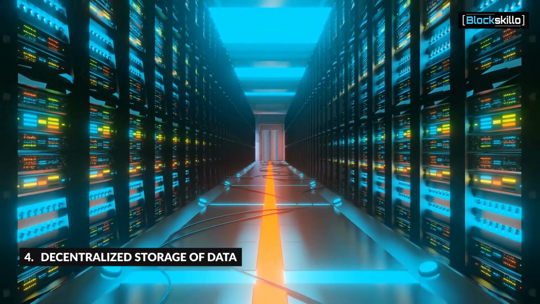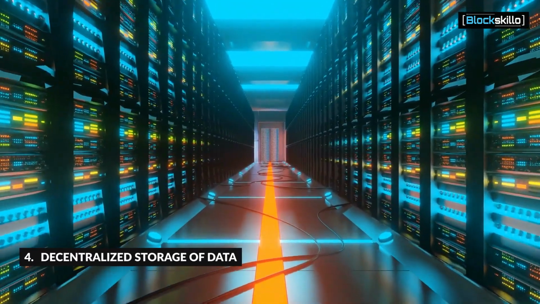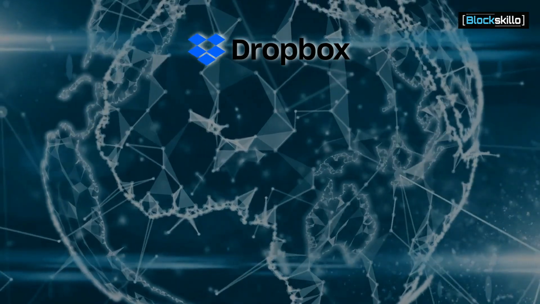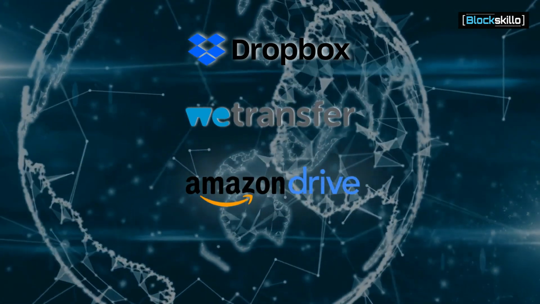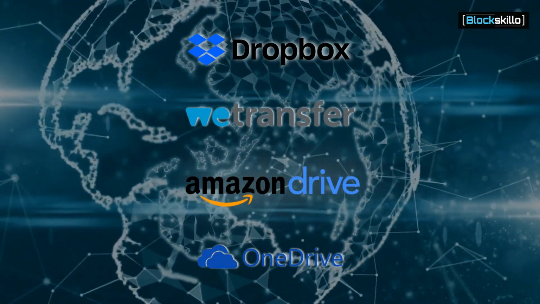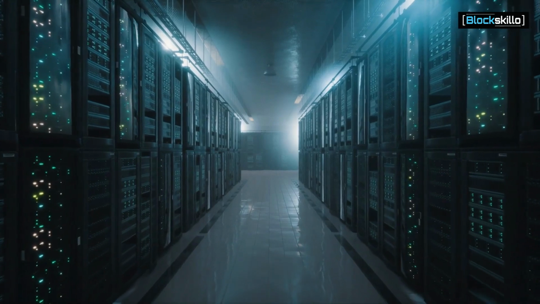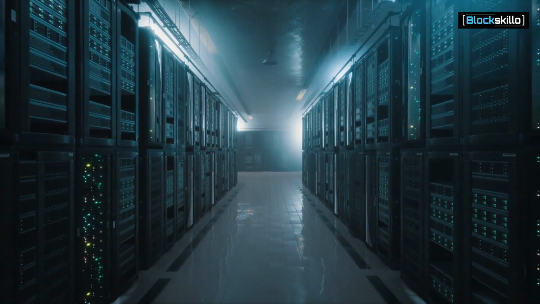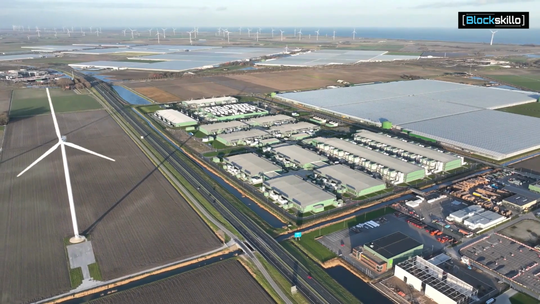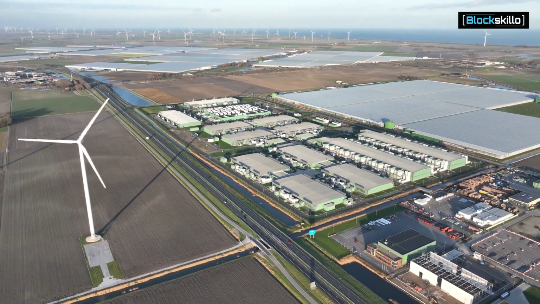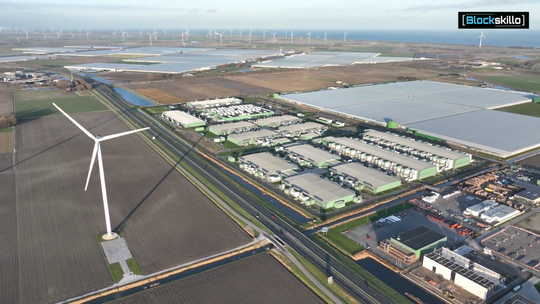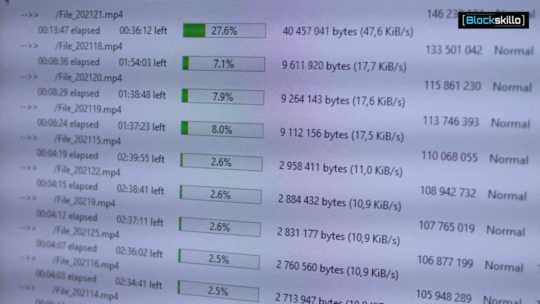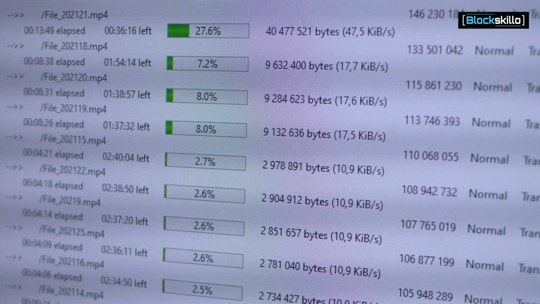Fourth is decentralized storage of data. There are popular cloud storage services offered by Dropbox, WeTransfer, Amazon Drive, Microsoft's OneDrive, etc. These organizations offer storage space for our files and folders in their data centers. These data centers are owned by the respective companies and hence controlled by them as well. So effectively, all the data stored on these platforms is controlled by them.